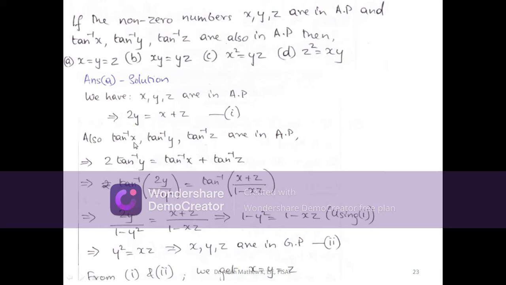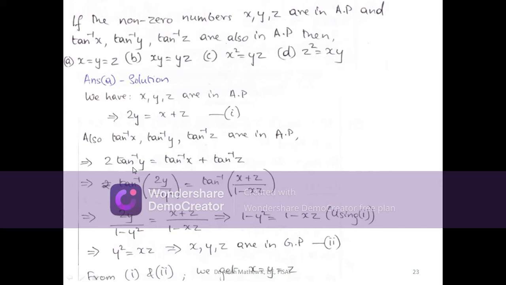We have tan inverse x, tan inverse y and tan inverse z also in arithmetic progression. Obviously tan inverse y will be the arithmetic mean between tan inverse x and tan inverse z. So 2 tan inverse y equal to tan inverse x plus tan inverse z. There is a relation between these.